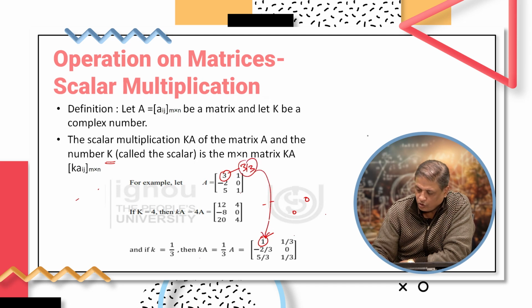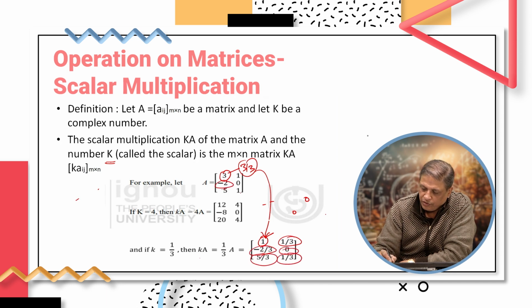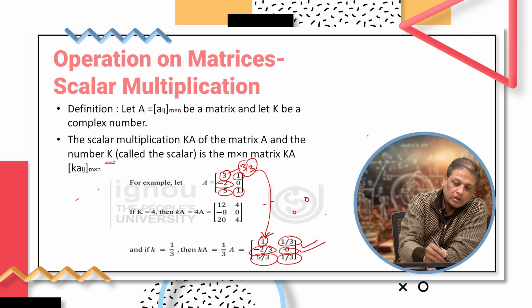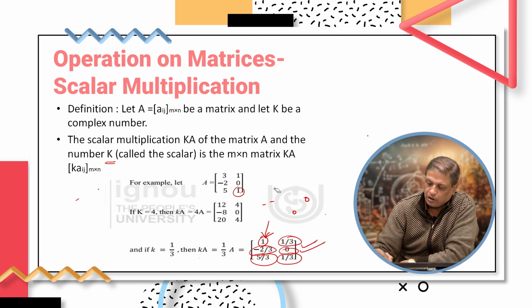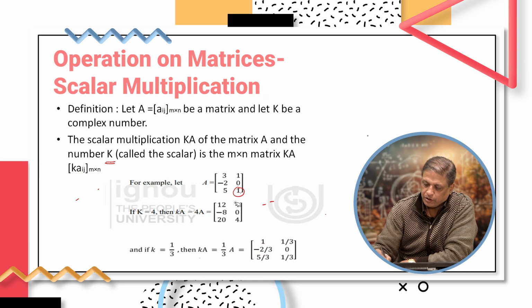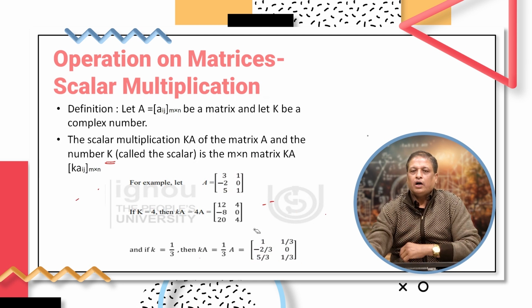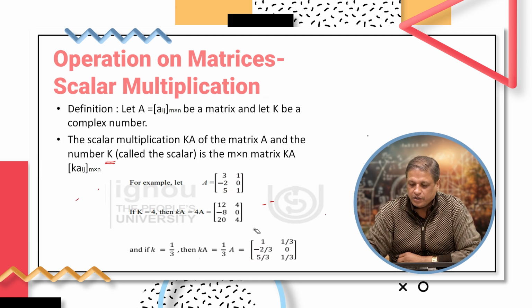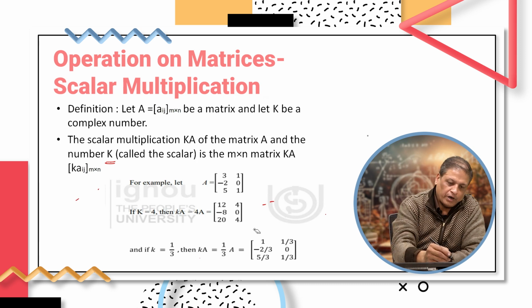So similarly, we can solve for other values. We will get 1 by 3, minus 2 by 3, 0, 5 by 3 and 1 by 3. I hope you are able to understand how the scalar multiplication is going on. Simply we are supposed to multiply each and every value of a matrix with a scalar value.